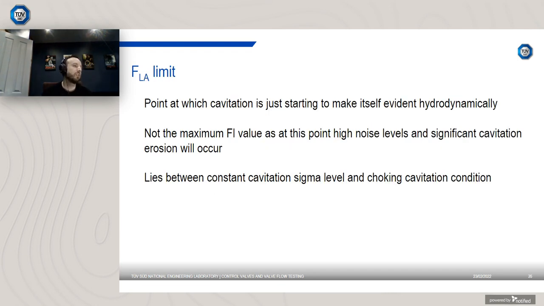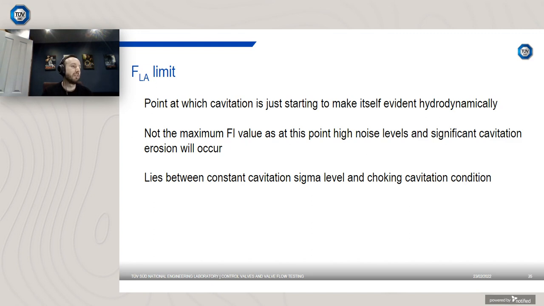So I've called this the FLA number, not the FL number. The reason for that is it's the point at which cavitation is just starting to make itself evident hydrodynamically. So what does that mean? It basically means when do those points start to deviate from a straight line?